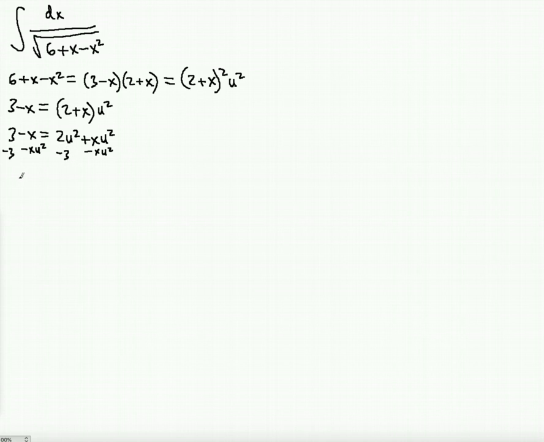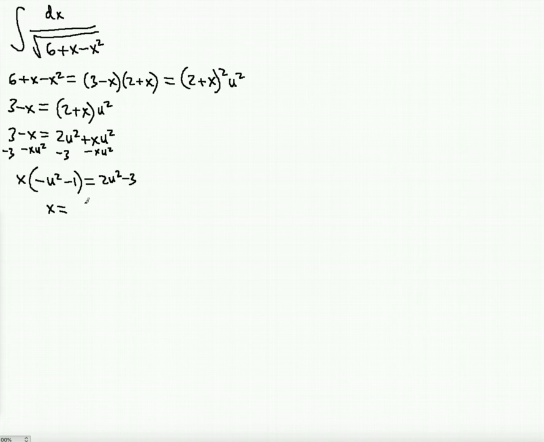So you will have x as, let's see, negative u squared minus 1 times x is equal to 2u squared minus 3. So now x will be in terms of u, and notice that these two are negative, so we can multiply both sides by negative 1.